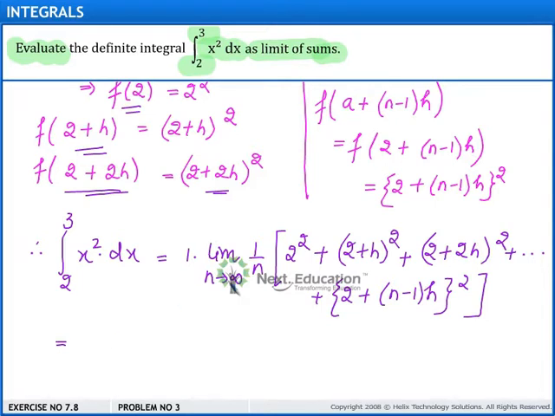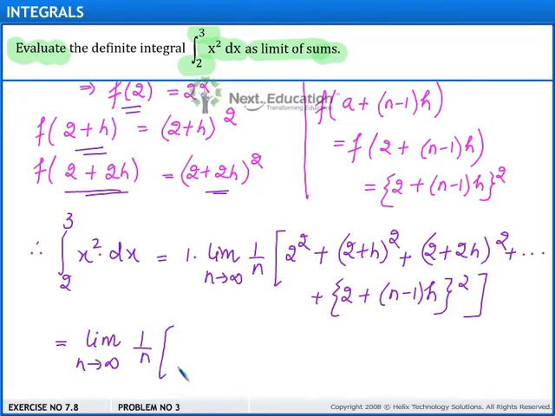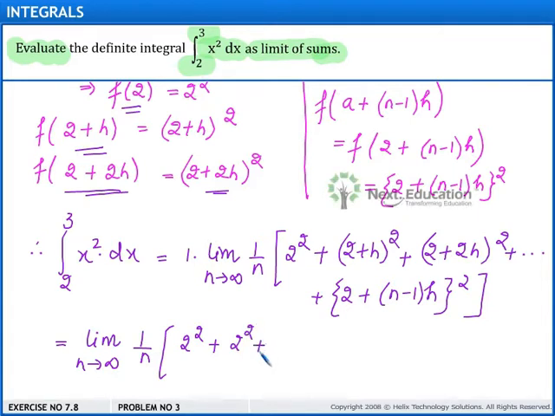This is further equal to limit as n tends to infinity 1 upon n, 2 square plus, here we get 2 square plus 4h plus h square. This we get on expanding this bracket. Now let us expand the next bracket.